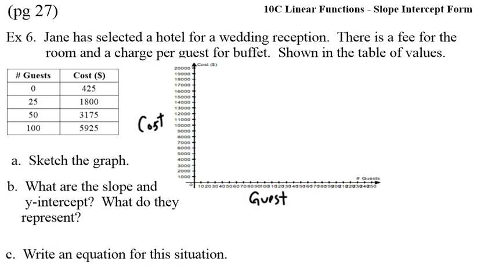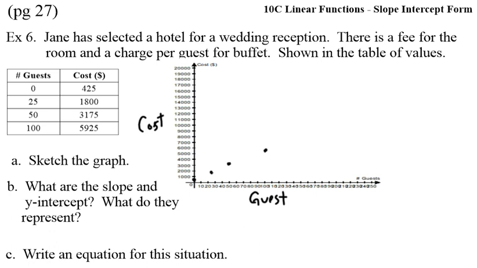So 0 guests would still cost $425 just for the rental. 25 guests would cost $1,800. 50 guests would cost $3,175. And 100 guests would be $5,925.